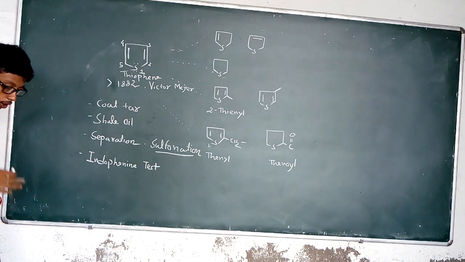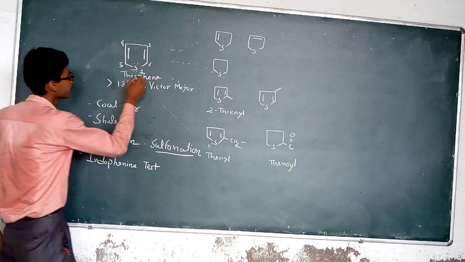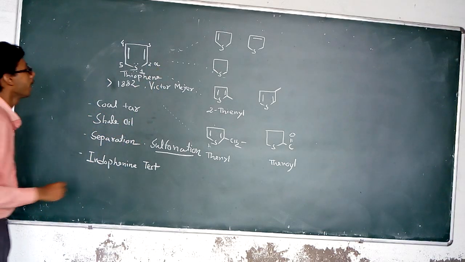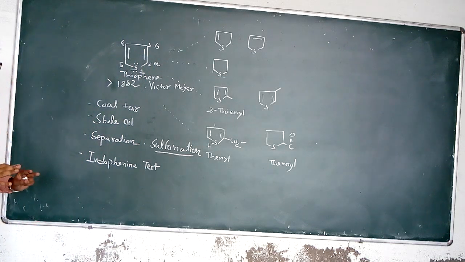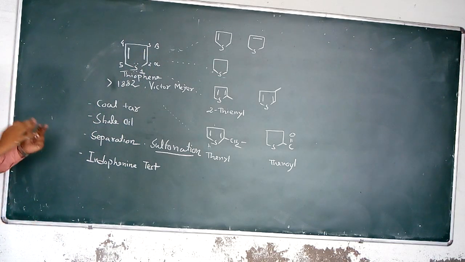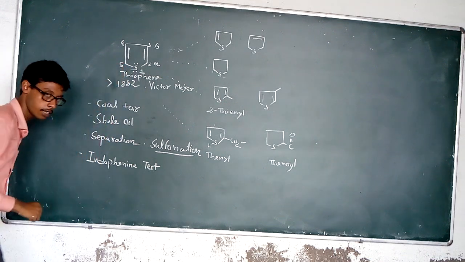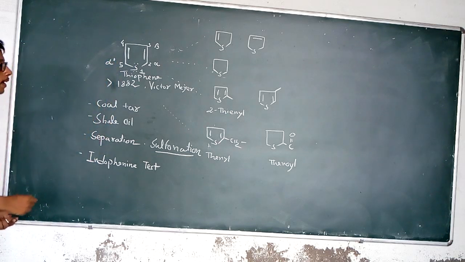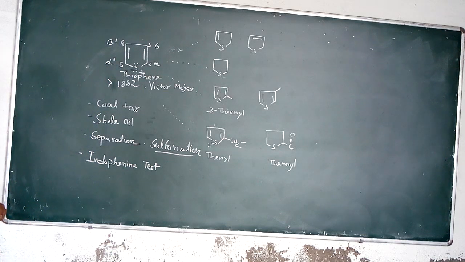We also name positions in thiophene using alpha and beta. The 2 position we denote alpha, and the 3 position we denote beta. Respectively, on the opposite side, the other 2 position can be denoted as alpha prime, and the 4 position as beta prime.